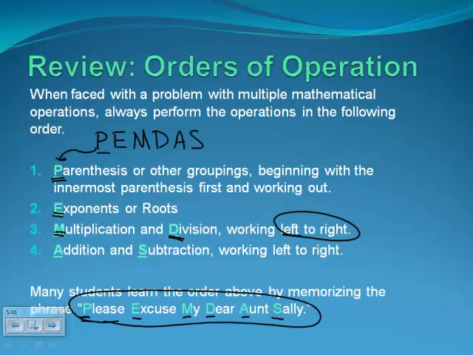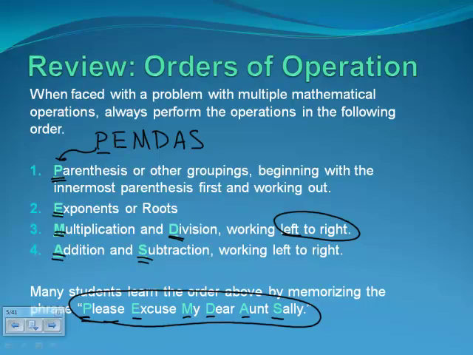So if division happens to be farther to the left than the multiplication step, you will do the division step first. So multiplication and division working left to right if you have both. After you've done all three of those steps, then the very last thing you always do when simplifying expressions with multiple operations is you're going to do addition and subtraction.